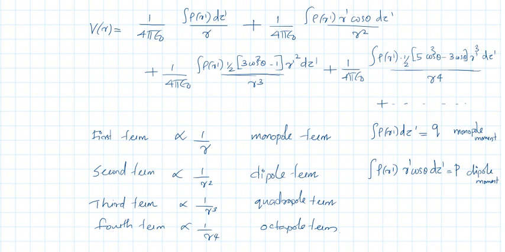Actually, this r prime cos theta, you can write it as vector r prime dot r cap.